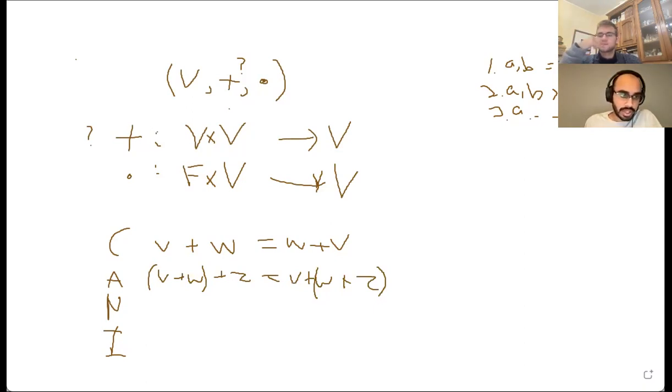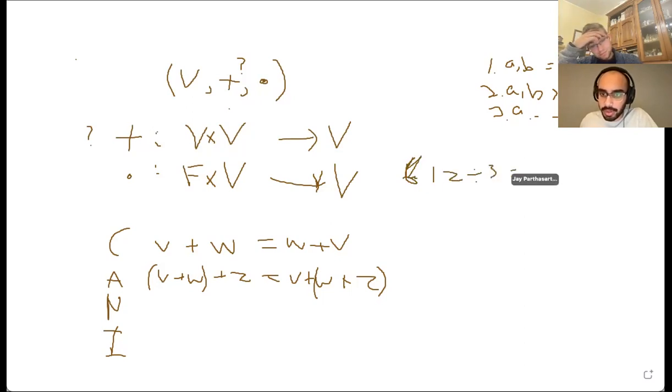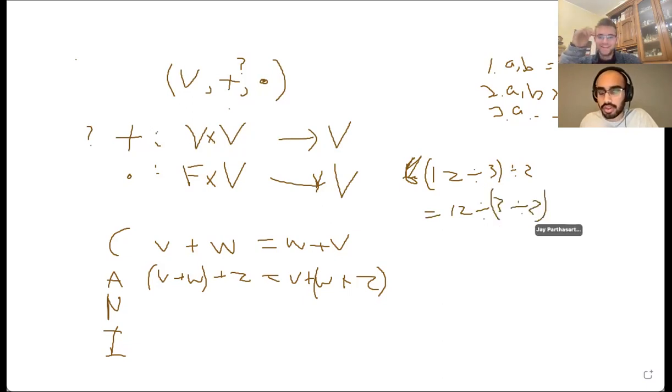The next one is that. Wait, what about division and subtraction? Again, it doesn't work, right? Does 12 divided by 3 divided by 2 equal 12 divided by 3 divided by 2, grouped differently?